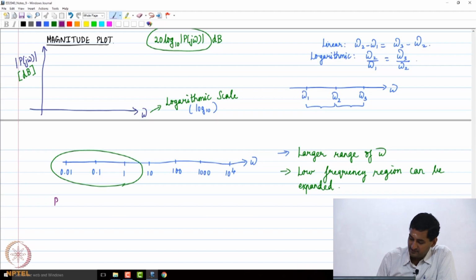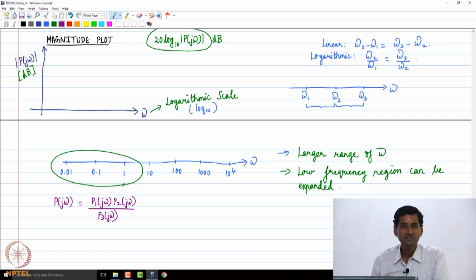Let us say P of j omega is P1 j omega times P2 j omega divided by P3 j omega, where P1, P2 are some factors, right. So what happens if you use a logarithmic scale?